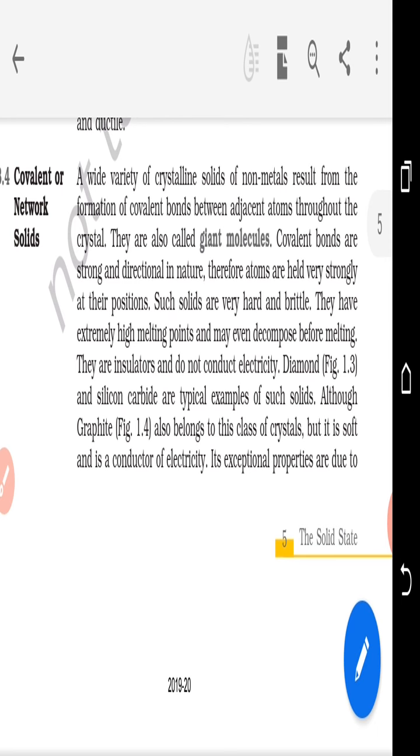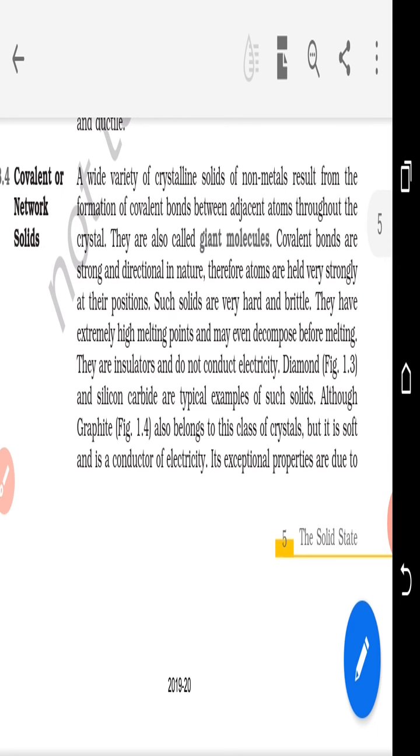As we know, covalent bonds are strong and directional in nature. Therefore, atoms are held very strongly at their positions. Such solids are very hard and brittle. They have extremely high melting point and may even decompose before melting.